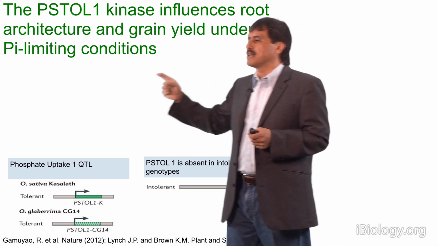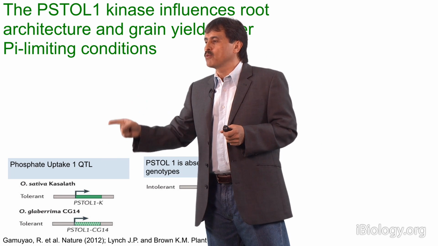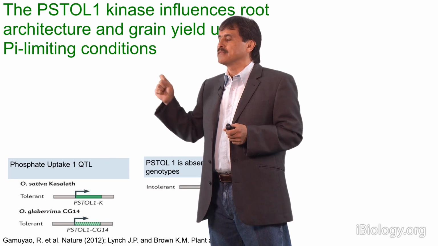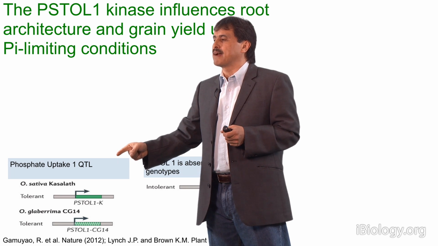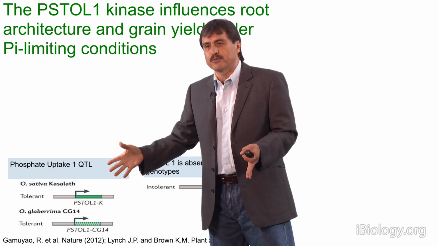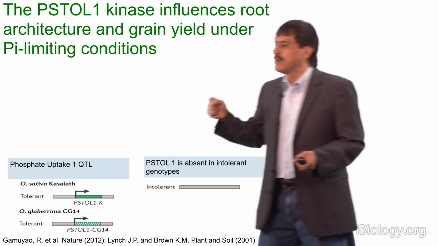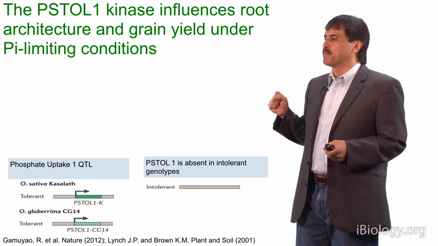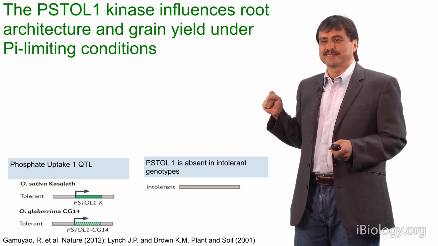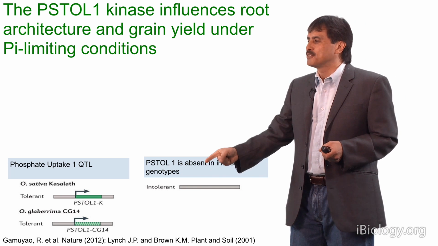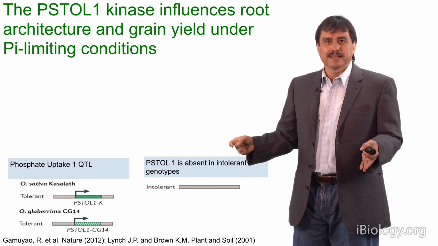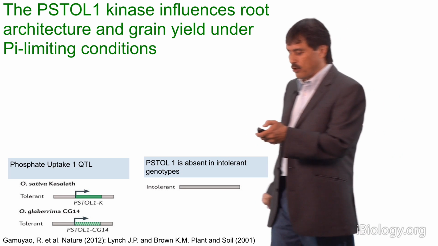These plants contain this QTL. When this QTL was mapped, it was found that it was present in wild rice species that are efficient in phosphate uptake and naturally adapted to low phosphate soils, but absent in modern cultivars. So these plants during breeding have lost the capacity of facing low phosphate.